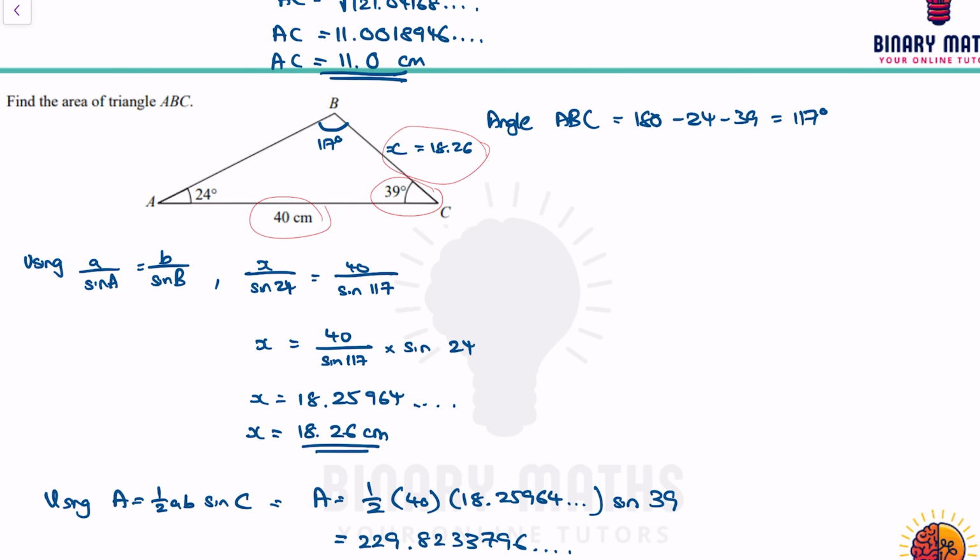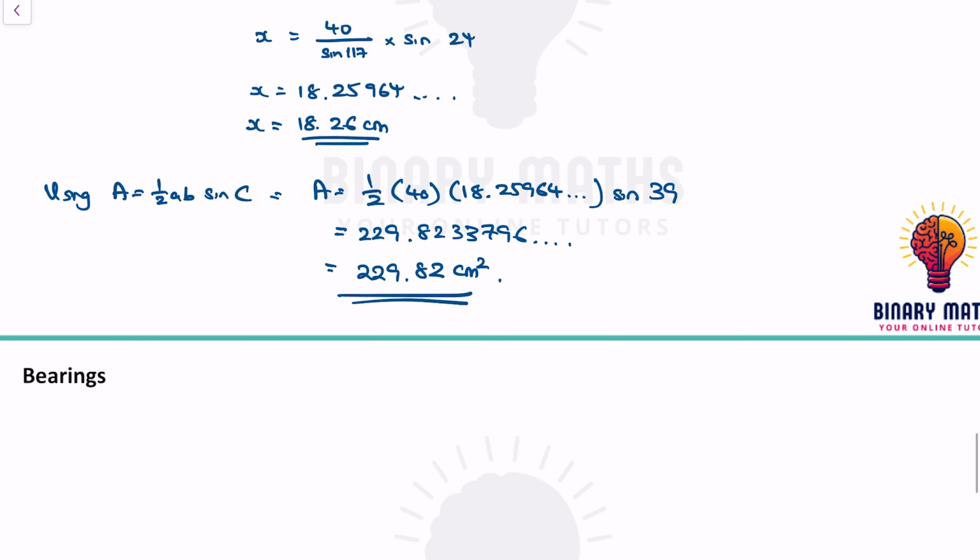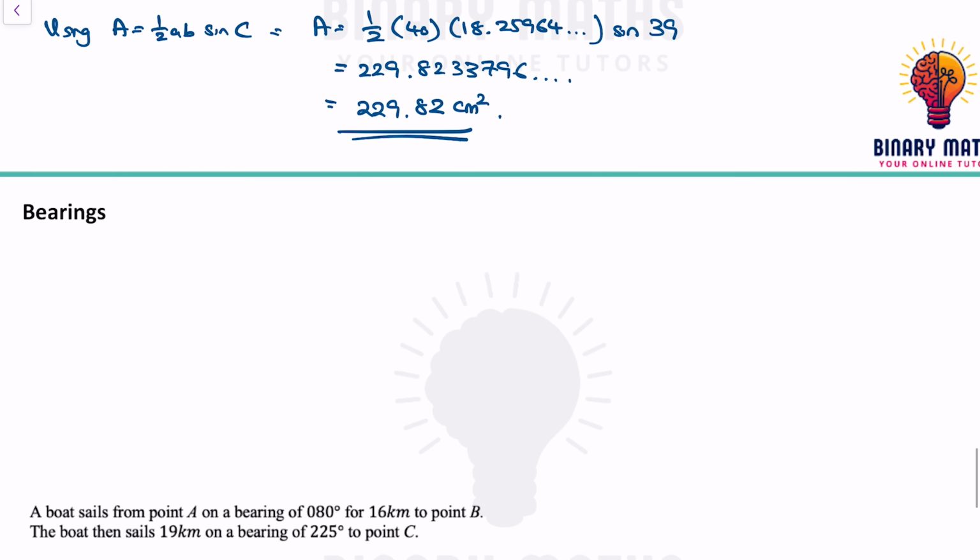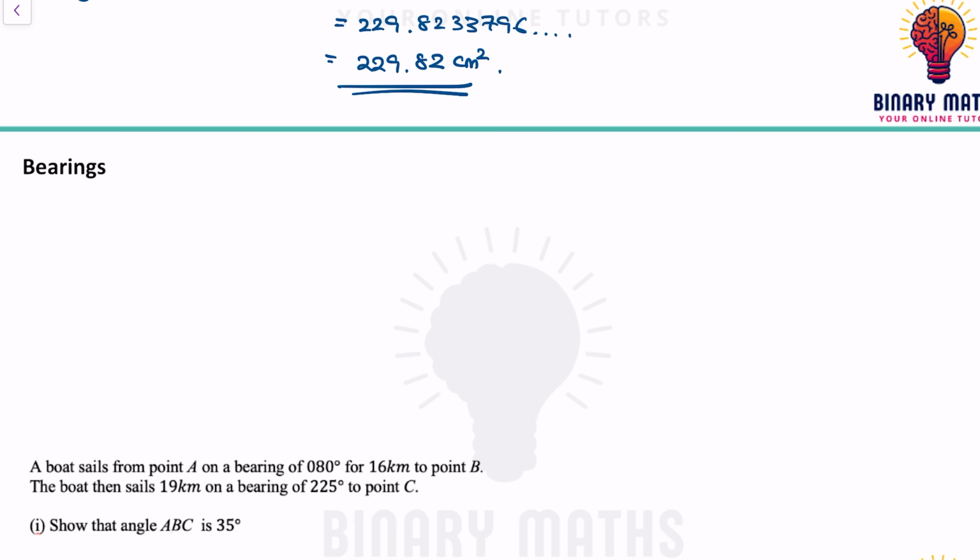The only other concept I need to go through is bearings, because they can come up on these questions as well. So bearings are measured from the north line, so always going up, starting from the north line.